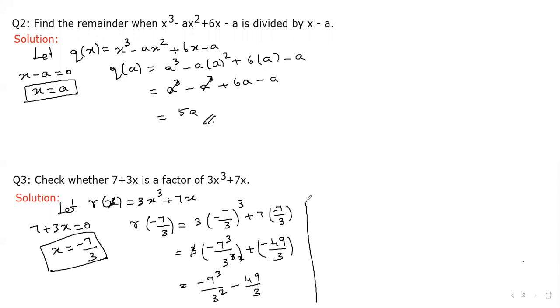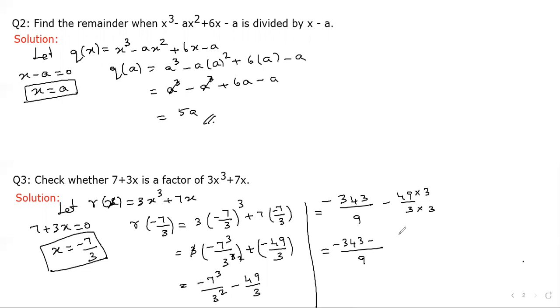So what happens here? Minus 7 cube is 343 over 3 square, which is 9. So here minus 49 by 3 will be there. Just take the LCM. Here the LCM is 9. So minus 343 will be there as it is. Here this 3 should be multiplied by 3 to get 9.